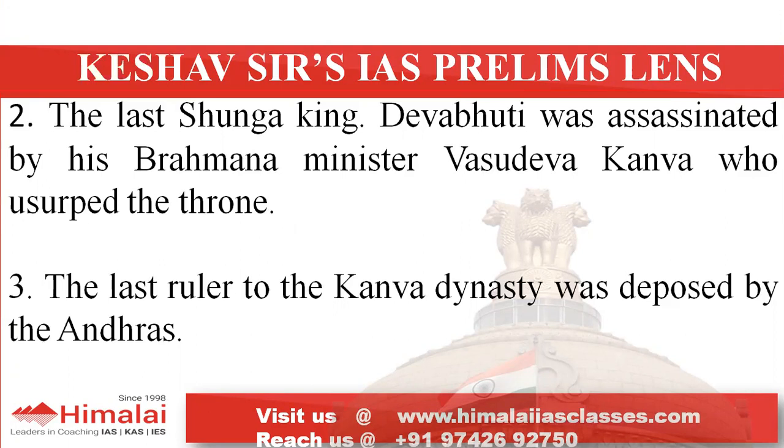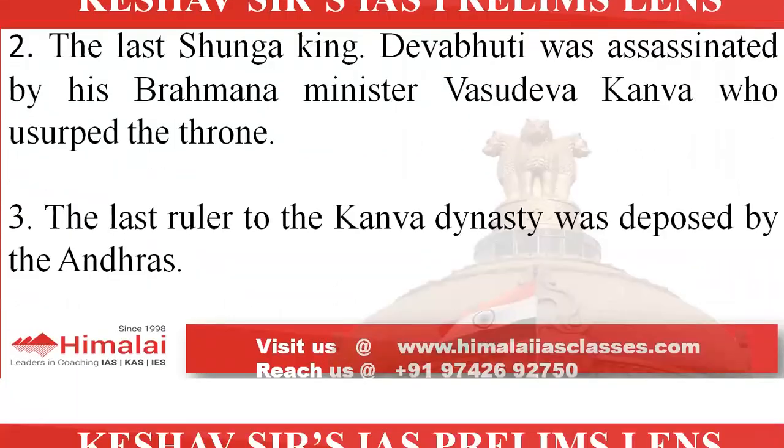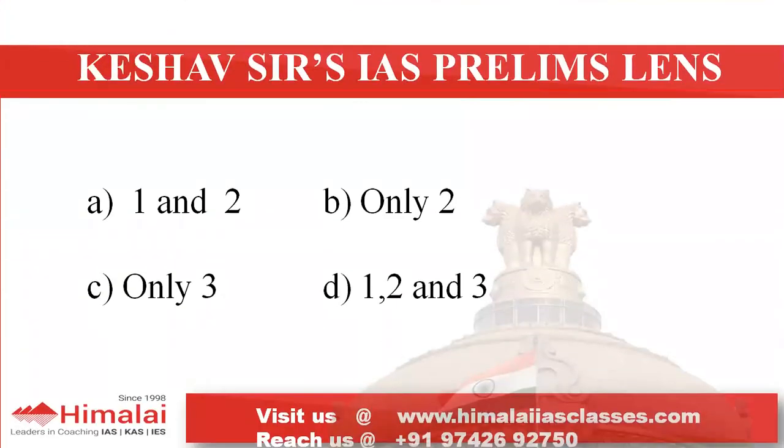However, their last king was killed by a person called Balipuccha, who laid the origins to Andhra dynasty, which is also known as Shatavahana dynasty. Just for your information, Gautamiputra Shatakarni was one of the greatest rulers of Shatavahana dynasty. So, going by this understanding, all the 3 statements are correct. So, the right option is option D.